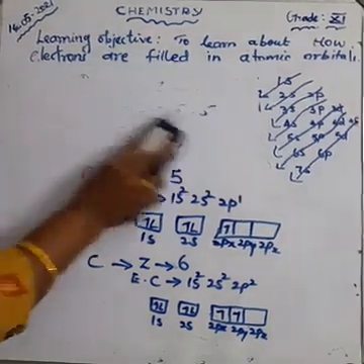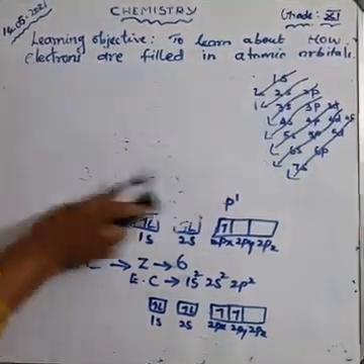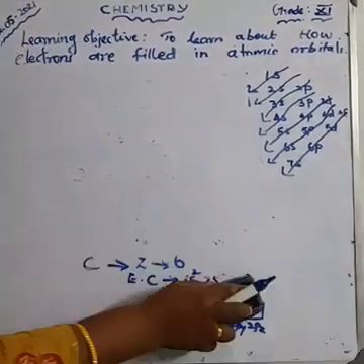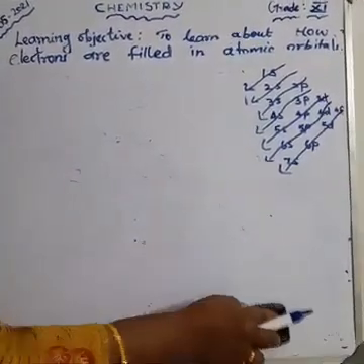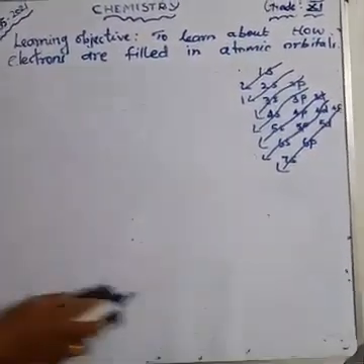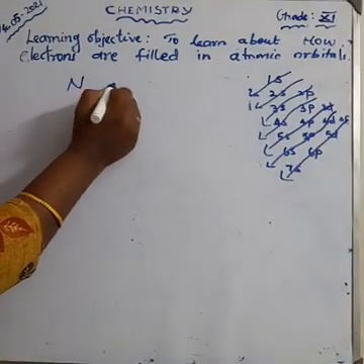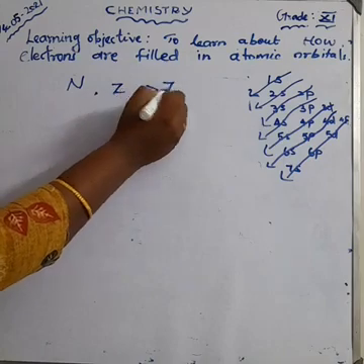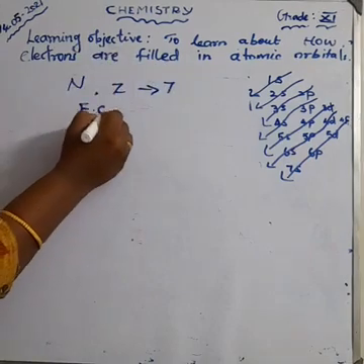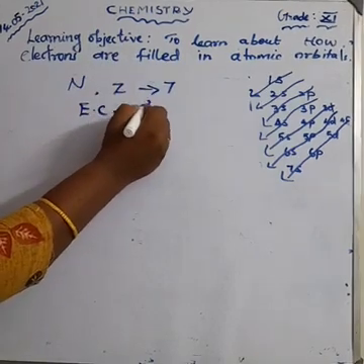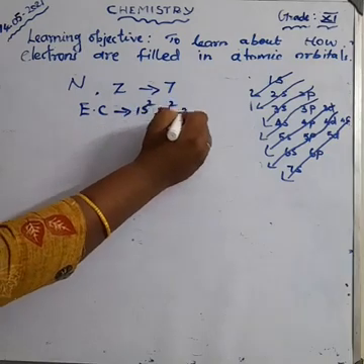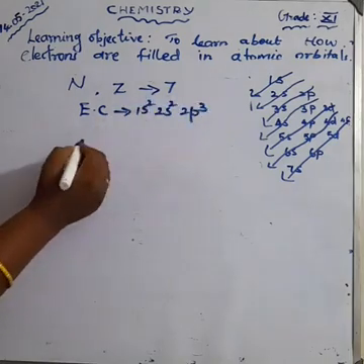And then nitrogen, atomic number for nitrogen 7. Electronic configuration for nitrogen: 1s2, 2s2, 2p3.